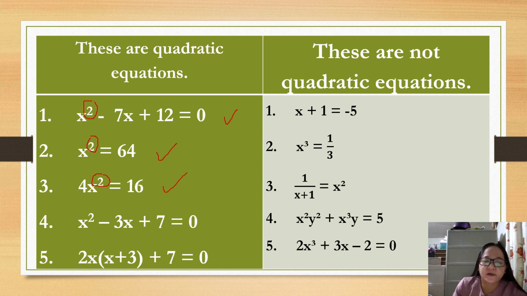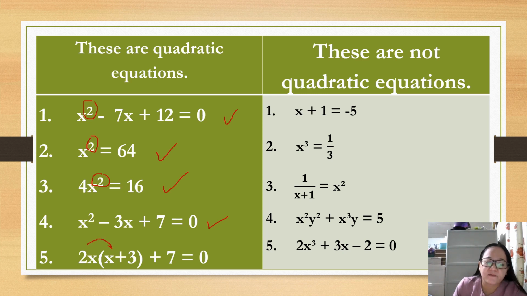Another example, 4x squared is equal to 16. Another one, x squared minus 3x plus 7 is equal to 0. And then for number 5, 2x times the quantity x plus 3, plus 7, is equal to 0. This is also a quadratic equation, but it is not yet expressed in standard form.